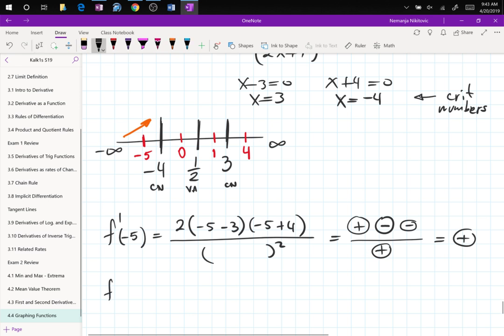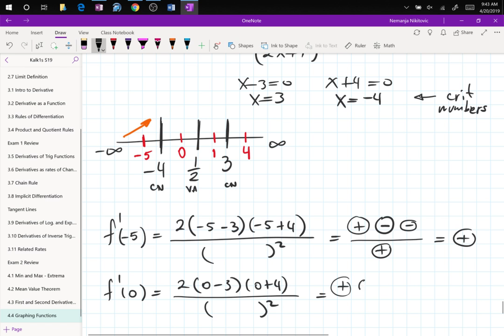Then we use f prime of 0. 2 times 0 minus 3, 0 plus 4, divided by something squared. Positive for the 2, negative for the parenthesis, positive for the next one, divided by a positive, all together is a negative, less than 0, decrease.